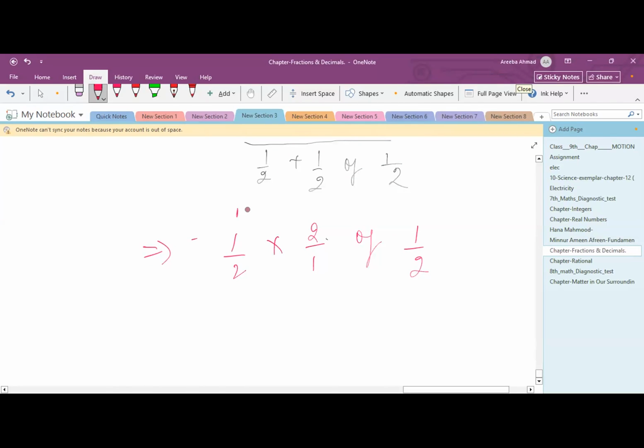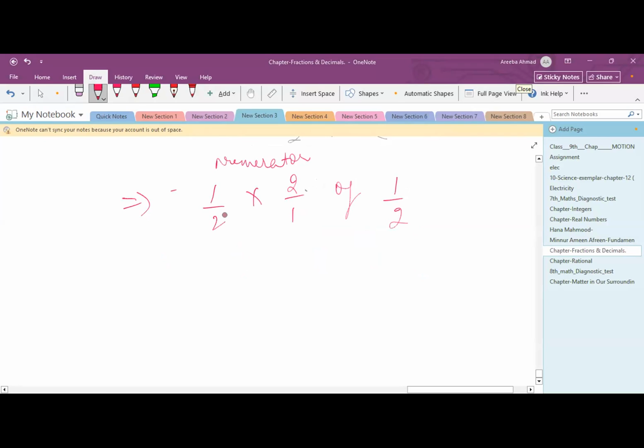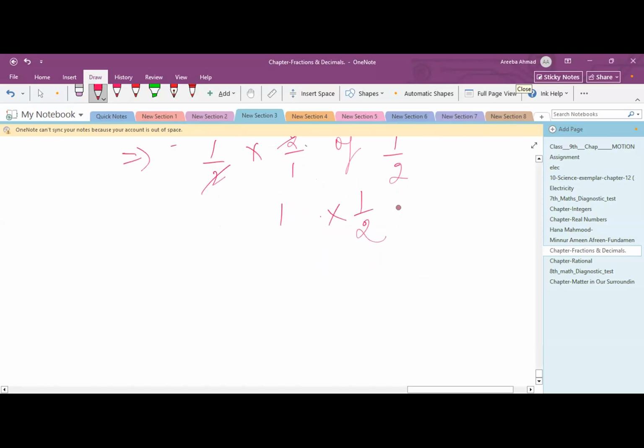I'm solving the numerator first. Now this is cancelled. Now of means multiply by 2. That means I'm getting 1 by 2 in the numerator.